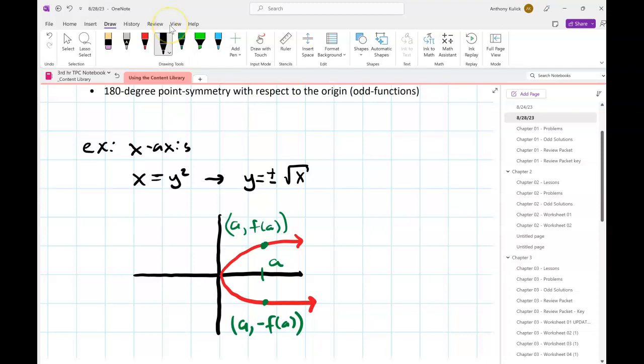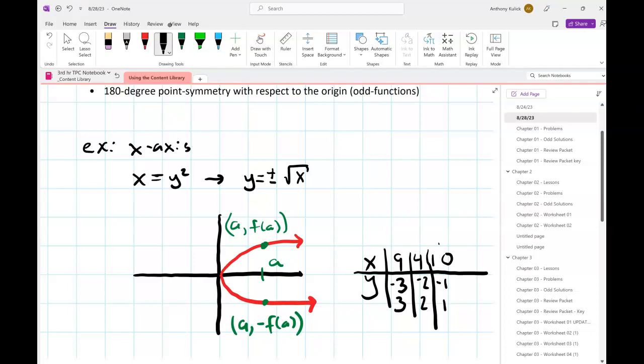So what are we saying here? If I look at a set of points, 9 could have the y value -3 or +3. 4 could have the y value -2 or +2. 1 could have the y value 1 or -1.